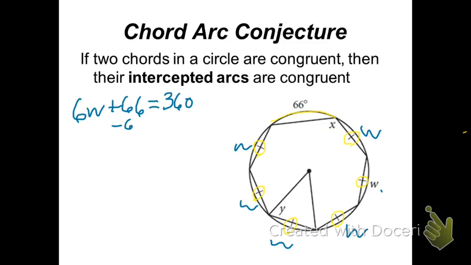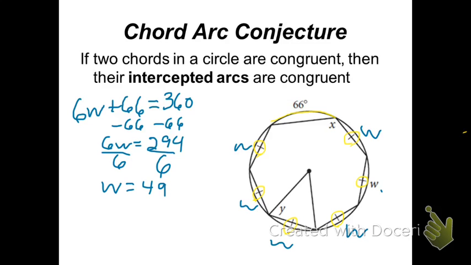I'm going to subtract 66 on both sides. So I get 6W equals 294. And then I do 294 divided by 6. And that comes out to 49. So I know that W is 49.